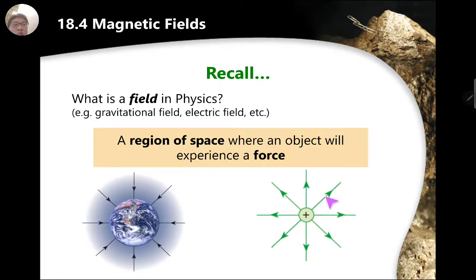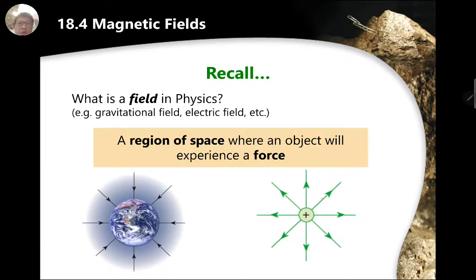So if you place a small positive test charge here, where would it experience a force, right? The force will be experienced in this direction, following the arrow. Obviously because positive and positive repel, right? And so we have this region of space around a charge where a positive test charge will experience a force in a certain direction. Okay, that's what the field lines represent. But of course, any charge will experience a force, and it's given by the field. Okay, so same thing, the closeness represents how strong it is.